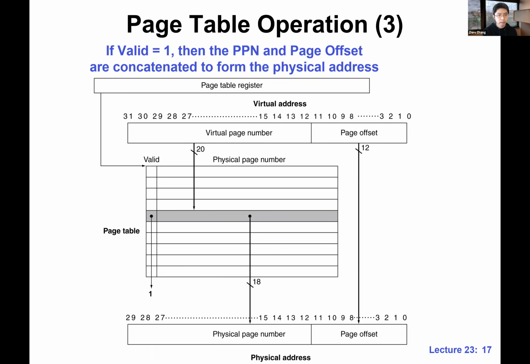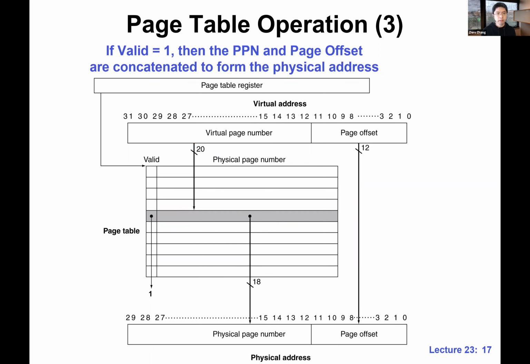And we check that the valid bit is valid, then we extract the corresponding physical page number over here. In this case, we have 18 bits for the PPN, and concatenate it with the page offset. After that, we are done.